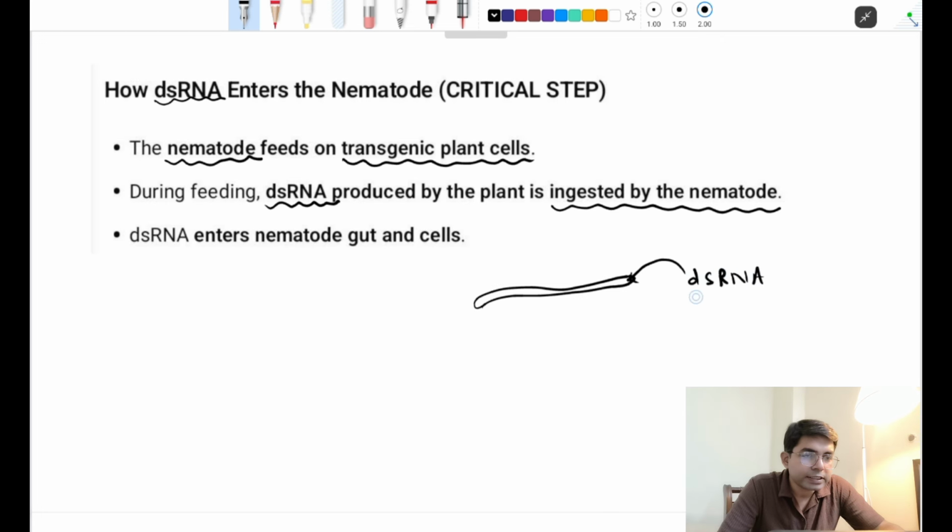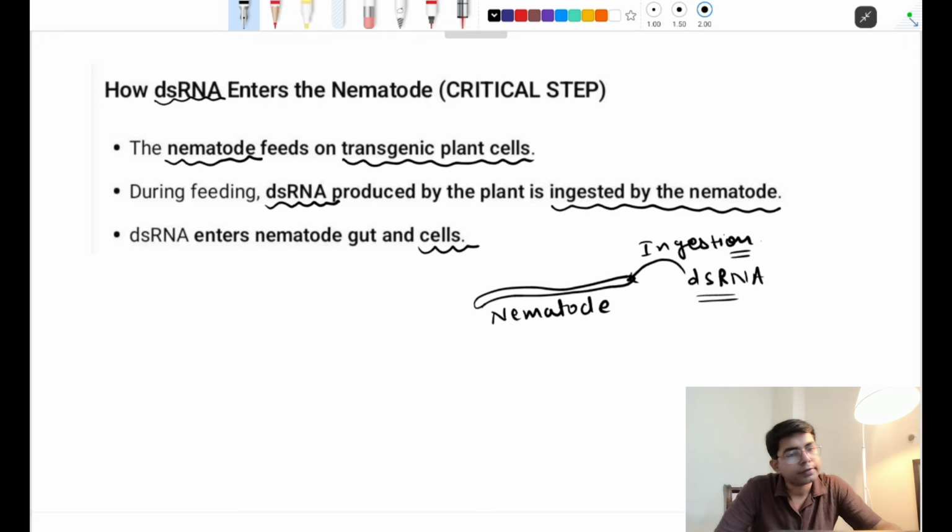Very simple question, how does this double-stranded RNA enter into the nematode? Simply by ingestion, and through the gut it will enter into the cell. So now the double-stranded RNA is present inside the cell.